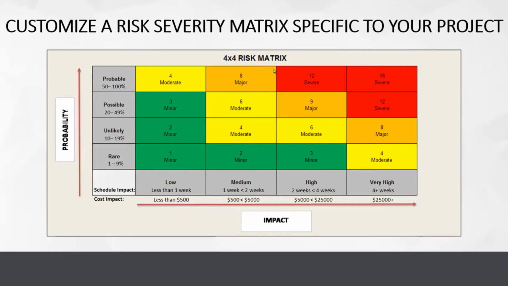So this is called a 4x4 risk matrix. They come in different shapes and sizes. You can honestly have a 3x3 risk matrix, a 2x2 risk matrix, whatever works for you and your project team. And this is what you should use to come up with the severity of the matrix. I recommend the project sponsor be on board and align with whatever you're using.